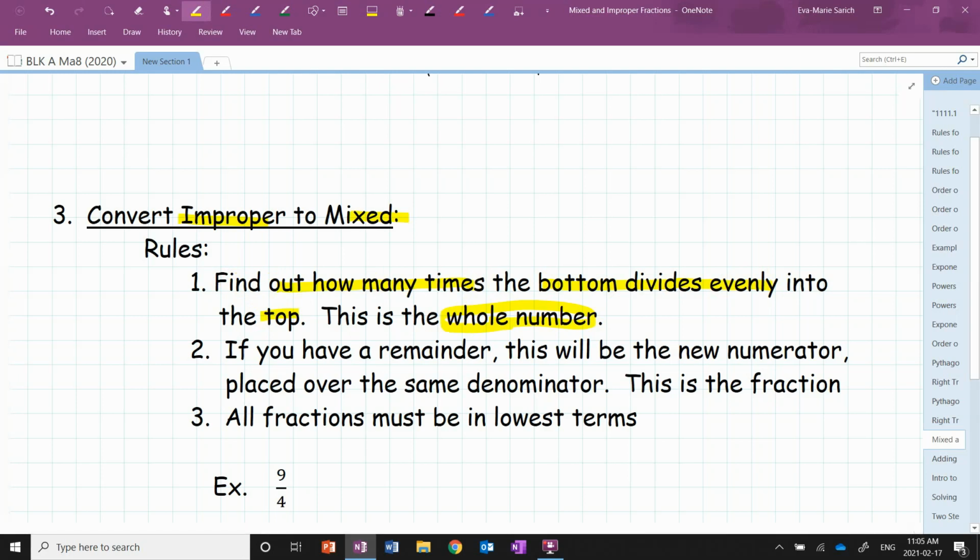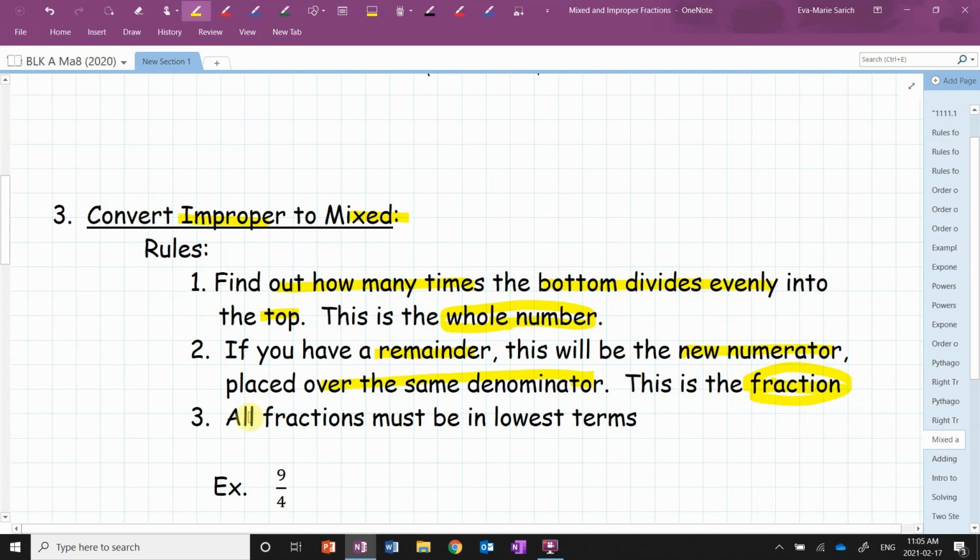There's some left over. But you have to figure out how many it could go in evenly. So if you have a remainder, then the remainder becomes the new numerator. And you're going to place this over the same denominator. And when you do that, this becomes the fraction. So we're going to have a whole number and we're going to have a fraction.